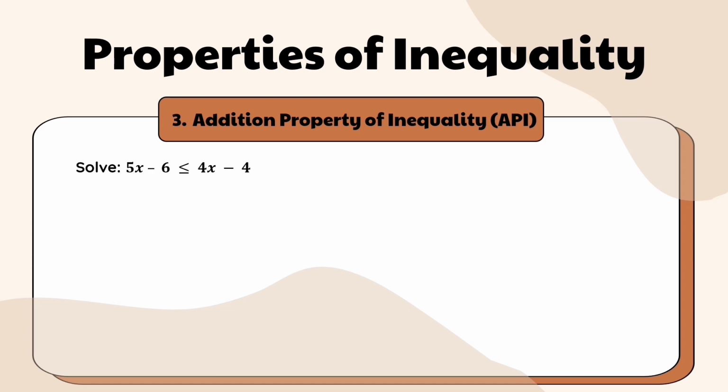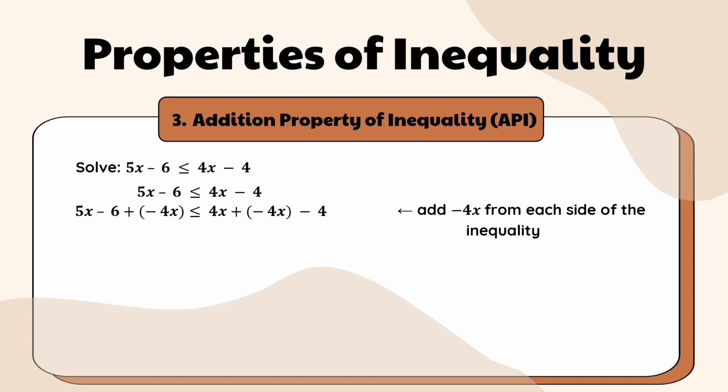Another example, solve 5x minus 6 is less than or equal to 4x minus 4. Both sides of the inequality have x. So here we will apply the addition property of inequality. We will add negative 4x to each side of the inequality.